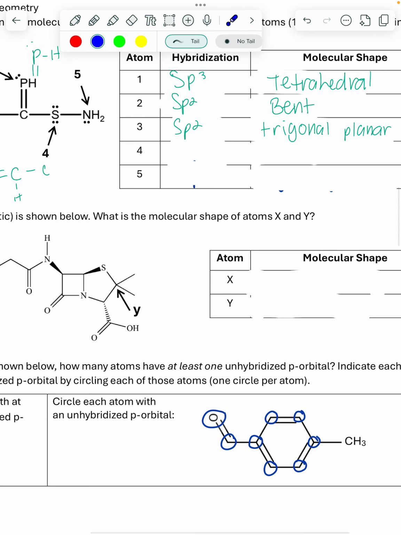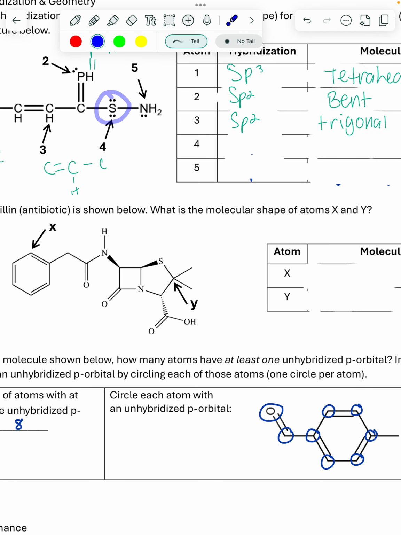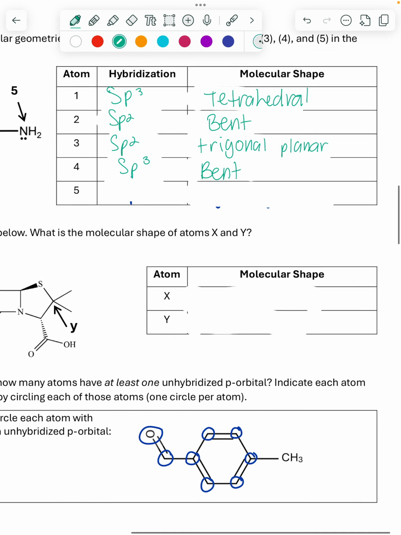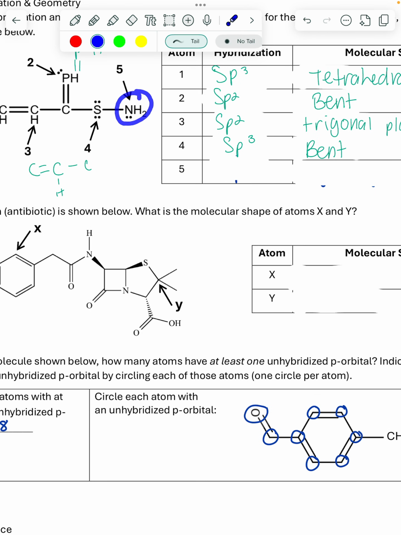All right. And then this one right here, this sulfur, has 1, 2, 3, 4 electron pair domains, so that's sp3. And it has 2 bonds and 2 lone pairs, so it's bent. All right, last one here.